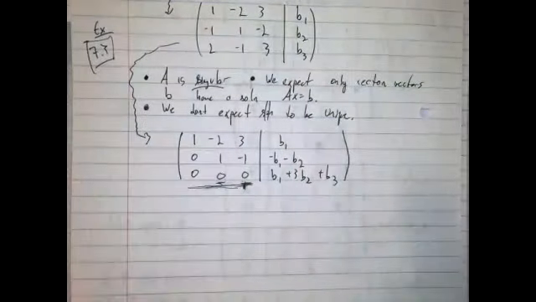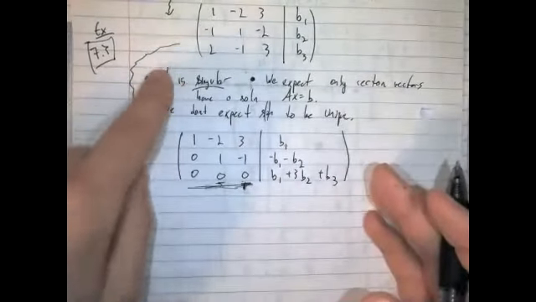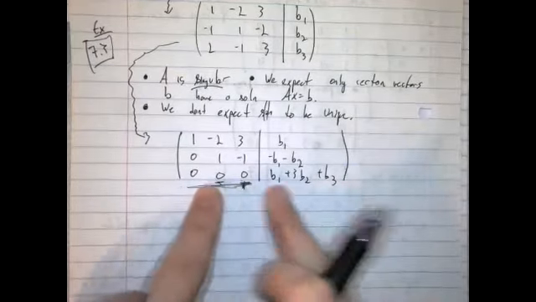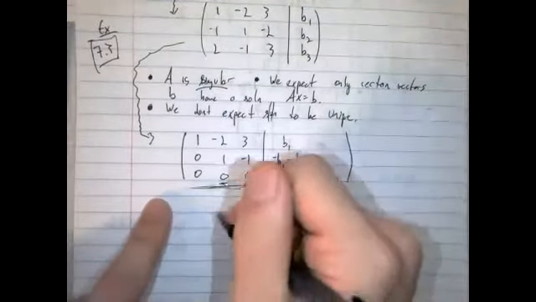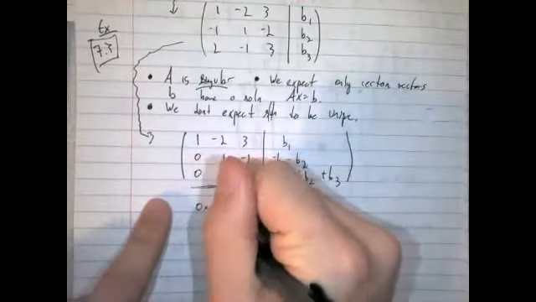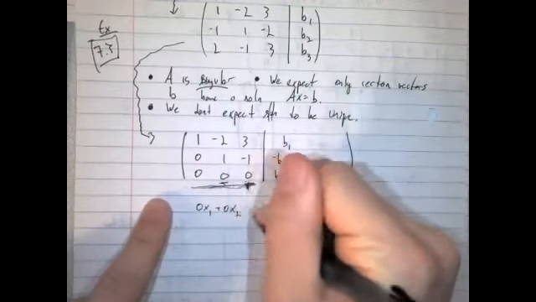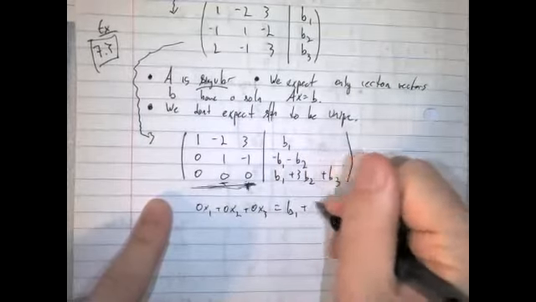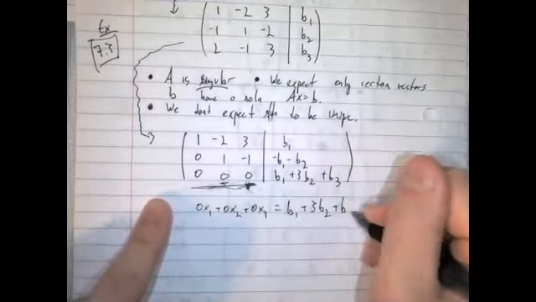That's okay. This is going to happen if you start off with a singular matrix. If I write back out in coordinates what this means, this is expressing 0x1 plus 0x2 plus 0x3 is equal to b1 plus 3b2 plus b3.